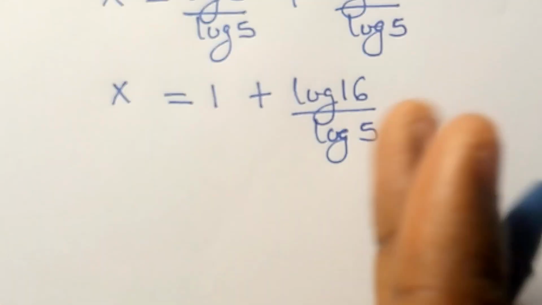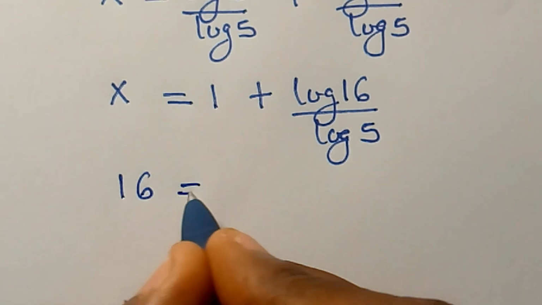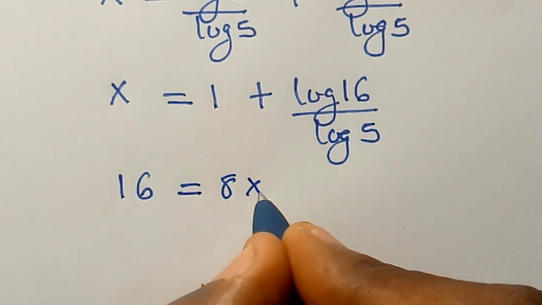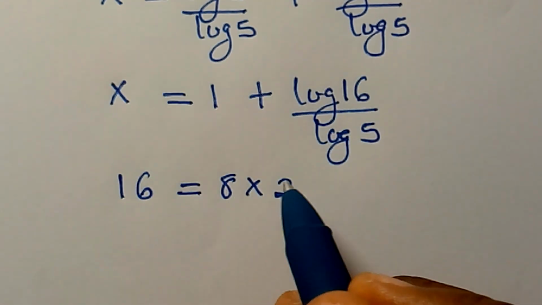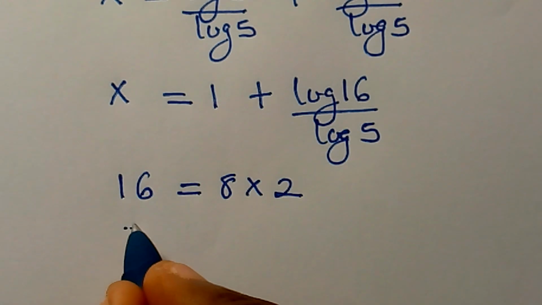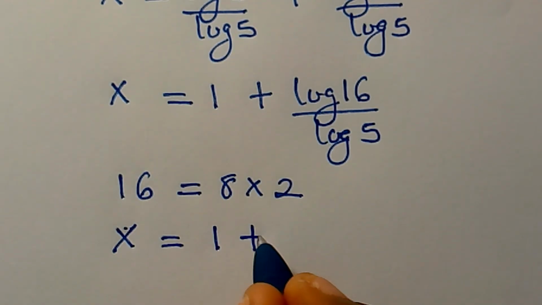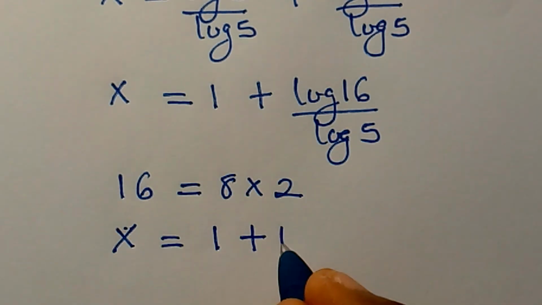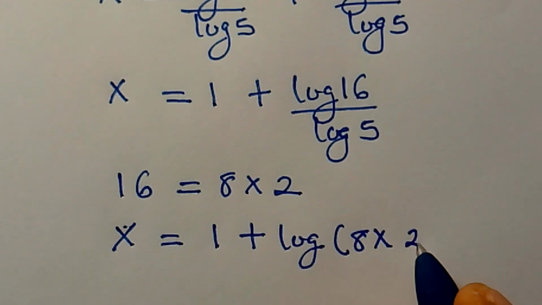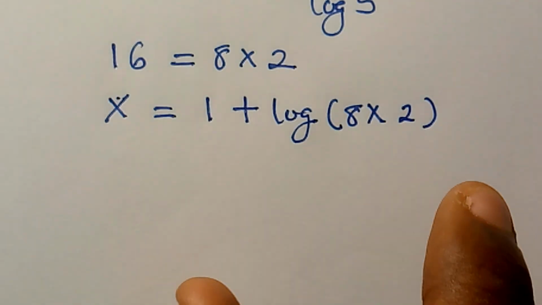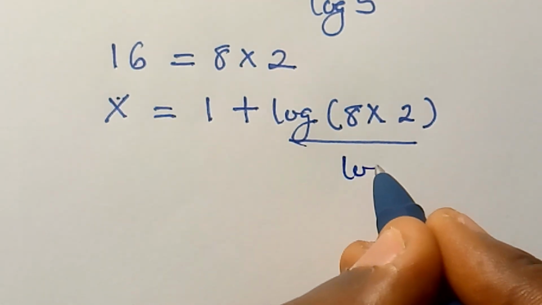Alright, so again we have to break this down. We know that we can express 16 as the product of 8 and 2, right? So let's replace 16 by 8 times 2. So we'll have x equals 1 plus log 8 times 2 divided by log 5.